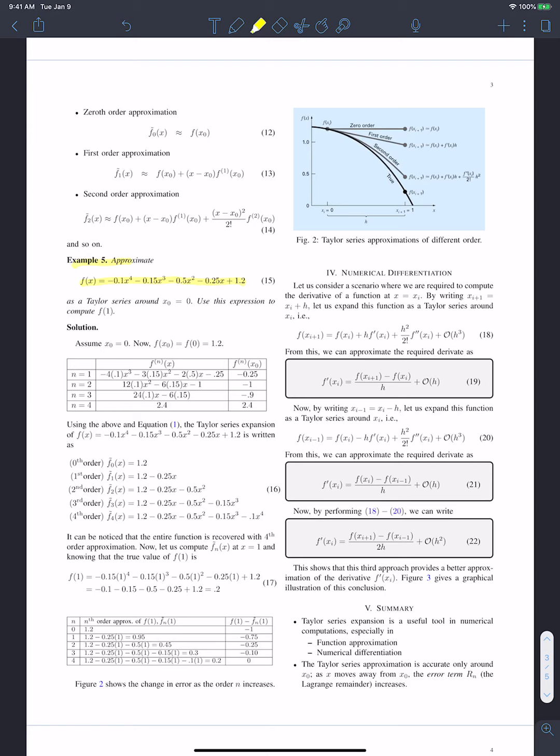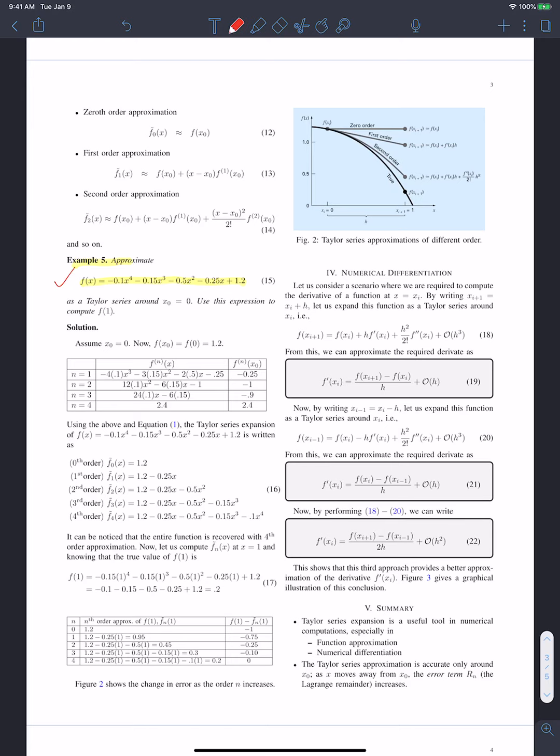So what we are doing in this example, I want you to try this, is we are just doing the first order approximation, n is equal to 1. What is the approximate function? What is the first order approximation of this? And then what is the second order, and things like that. So the first order approximation of this function, the original function is in equation 5.